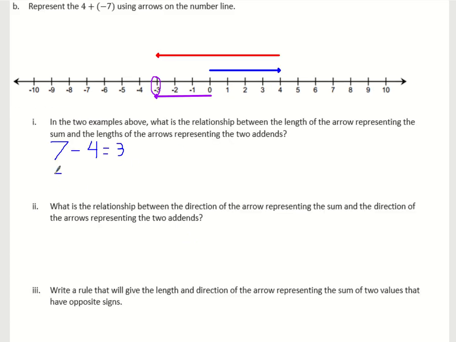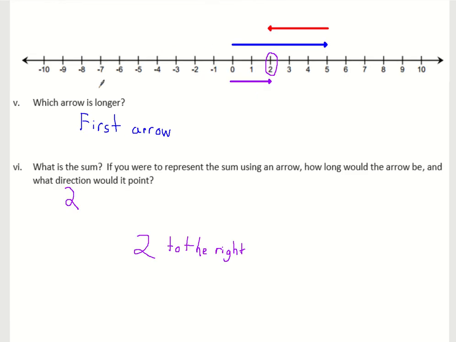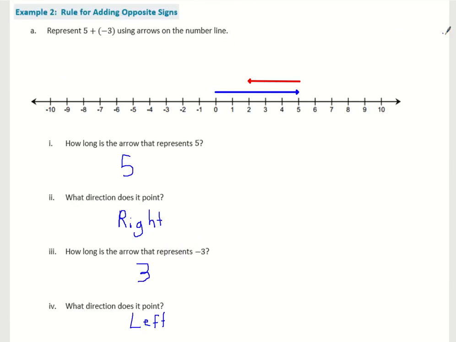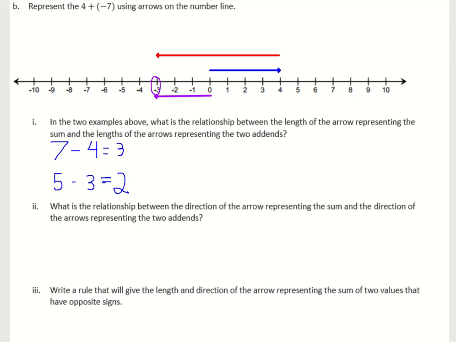This one is 5 minus 3 is equal to 2. But this time it's my first number minus the length of my second one, because I was doing 5 plus -3. Oh, but wait a minute. It's my longer arrow minus my shorter arrow.